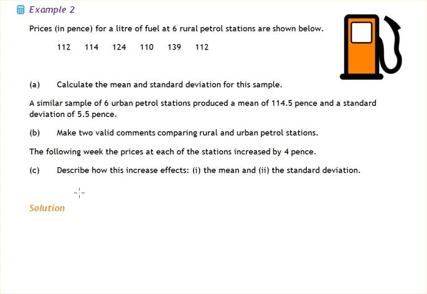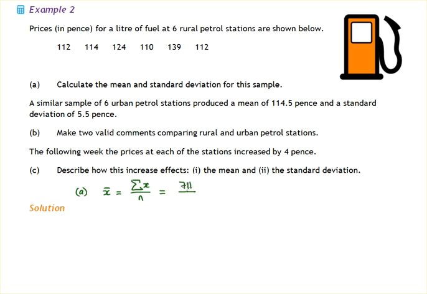So the mean is represented by x bar, and it's calculated by adding all the data items together. So sigma x, we call that, divided by the number of data items, which is n. And in this case, sigma x is 711.